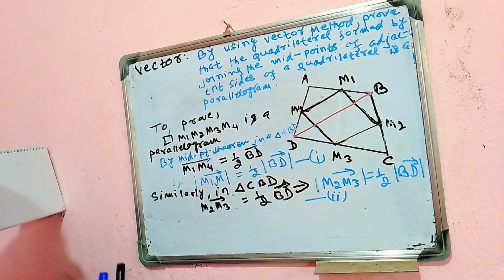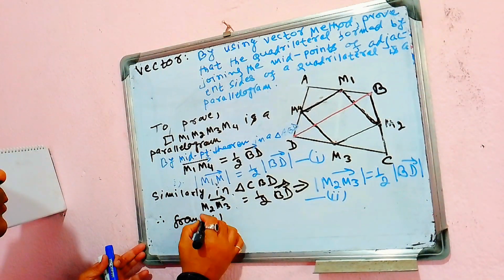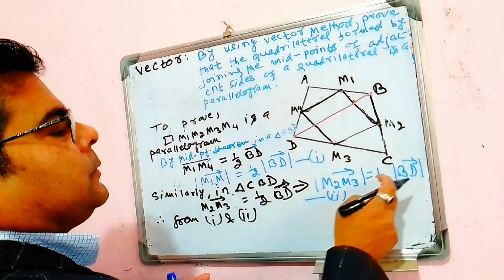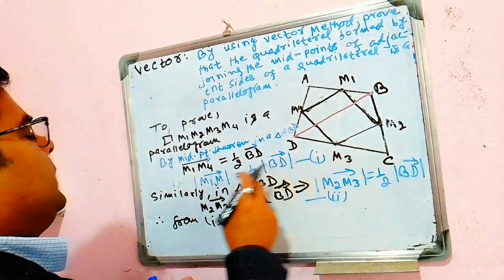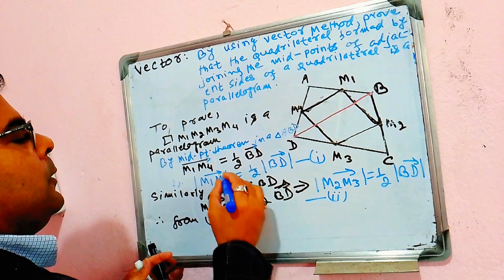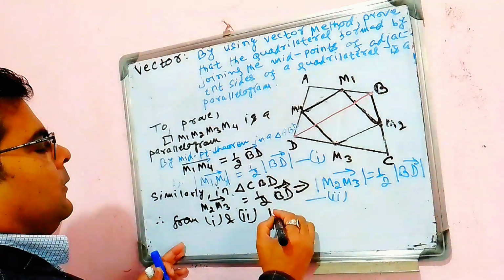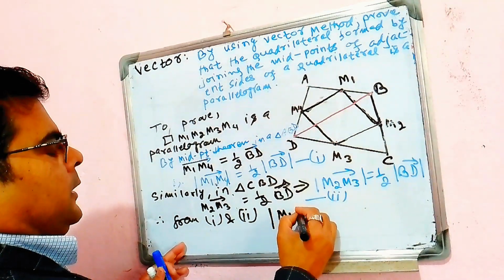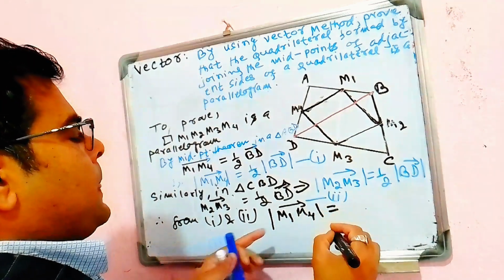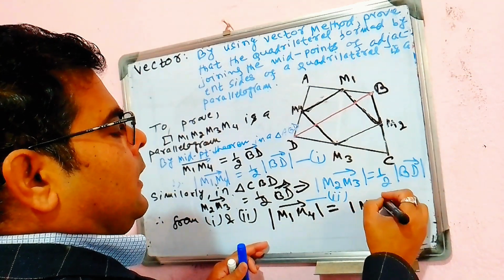Therefore, from 1 and 2 you can see that M2 M3 is half of BD, and M1 M4 is half of BD. So vector M1 M4, both in direction and magnitude, equals vector M2 M3.